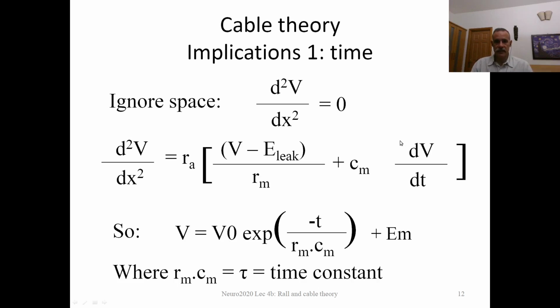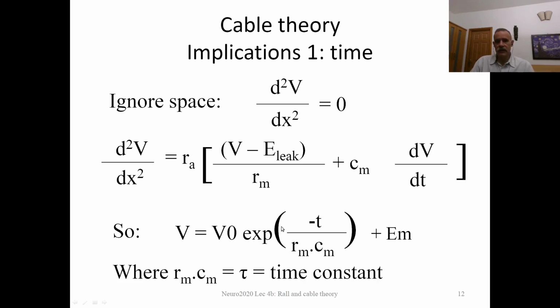And this bit basically relates derivative with respect to time to some other value. And those of you who've done this kind of thing in school and college know that this kind of equation, where you have a rate of change with respect to time and voltage on the other side of the equation, you end up with an exponential decay term.